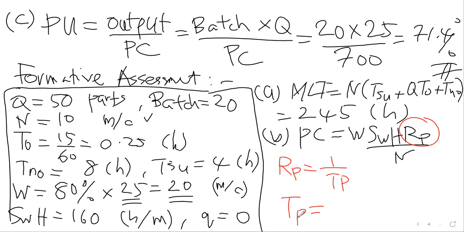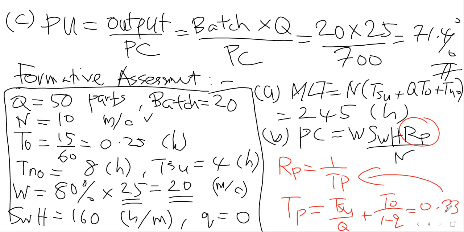TP equals, from previous ones, the same formula, divide by Q plus T operation, times 1 minus scrap. So you can get TP is 0.33. You can put it here and you get RP, 3.03. So 3.03 is RP.